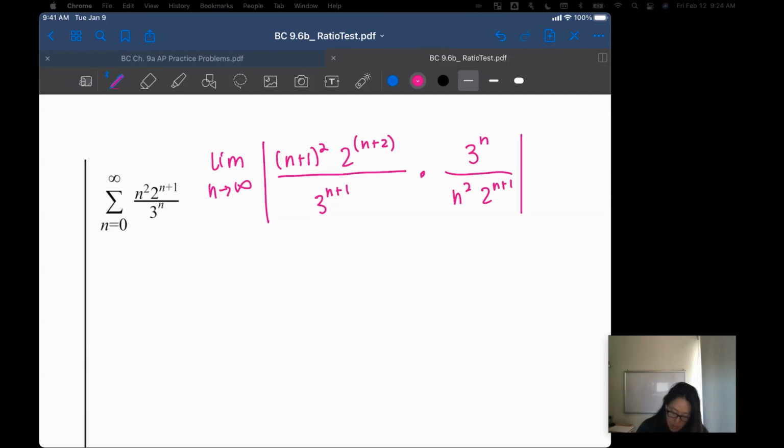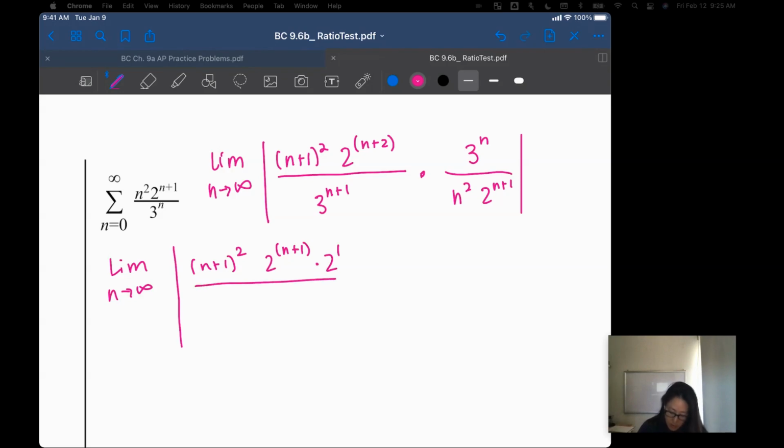Okay, so I will again expand this so that we can see what cancels. Okay, I have n plus 1 squared, it just stays n plus 1 squared. 2 to the n plus 2 can be written as 2 to the n plus 1 more factor of 2, right?